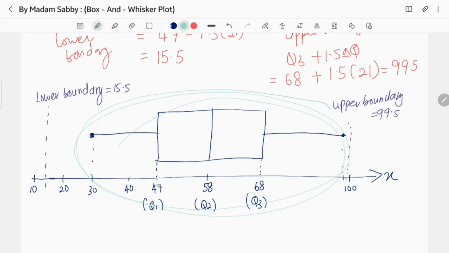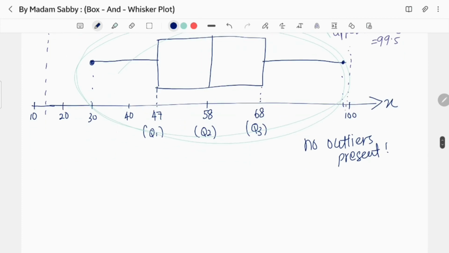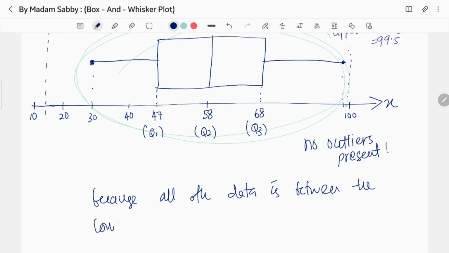So that means no outliers present, because all of the data is between the lower and upper boundary. So indirectly we can say it's within the range, so no outliers are present.